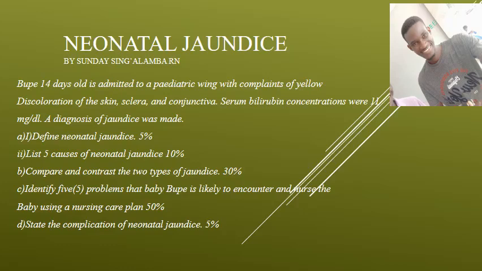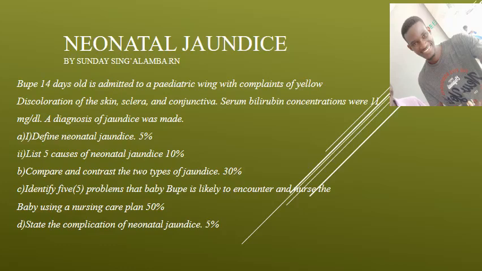So that is the definition of neonatal jaundice. When you are defining a condition, it is also very vital that you bring in important points that are required in that definition for you to get the required marks.